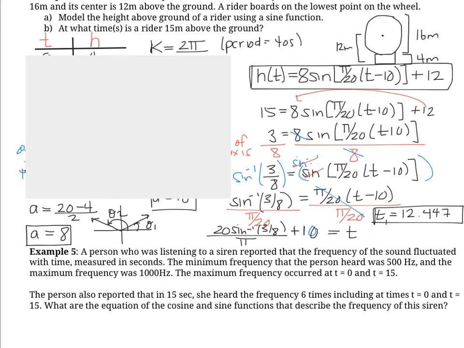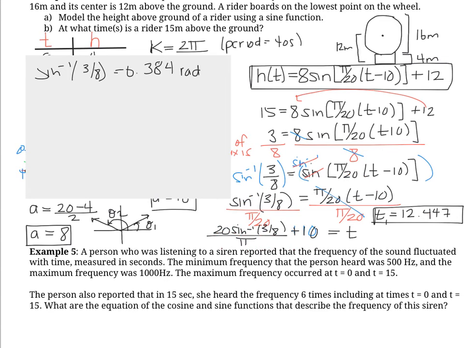So I just made some space so that we can continue this calculation. If we were to take just the sine inverse of 3 over 8 into our calculator, we would get an answer of 0.38. Let's take one extra decimal, 0.384 radians.